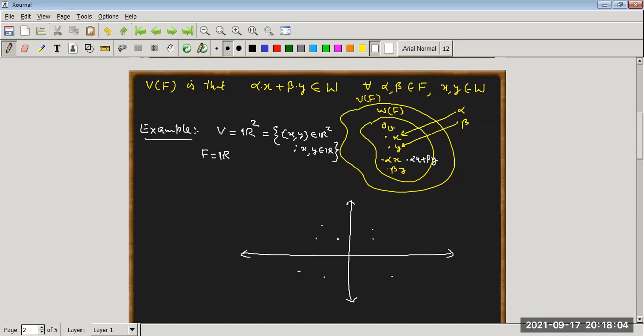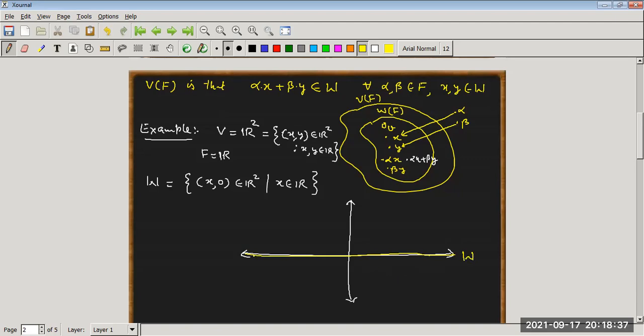Now if we take W equal to the set of x comma 0 belonging to R2 such that x belongs to the real numbers. So x comma 0 is nothing but the x-axis. So this is our W.